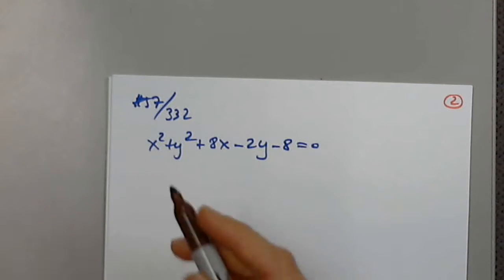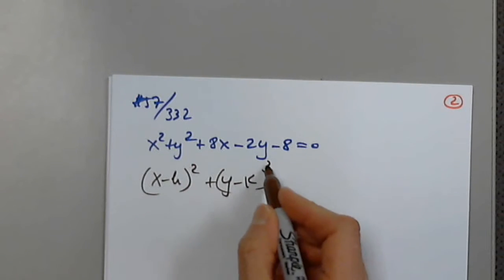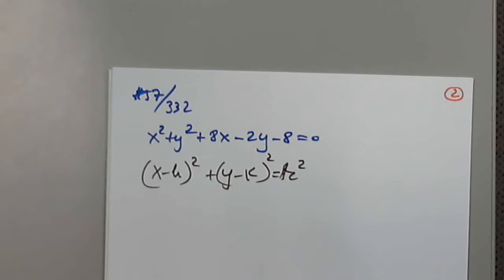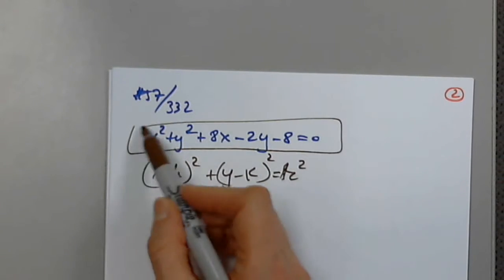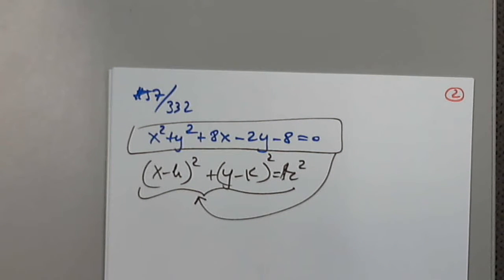So remember, the equation of a circle is x minus h, everything squared, plus y minus k, everything squared, equals radius squared. So if I manage to present this equation and make it look like this one, then I'll say, yes, it's a circle. The equation represents a circle, and I will identify the center and the radius.